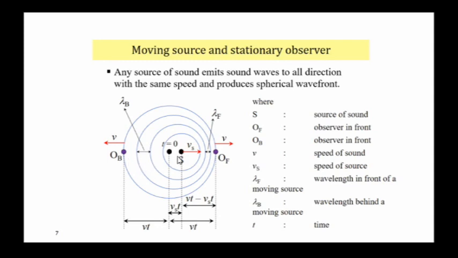If our sound source is moving towards a stationary observer, these bunched up waves are observed at a higher frequency. And if the object is moving away from a stationary observer, the waves are observed at a lower frequency. So that is Doppler effect, my dear students.